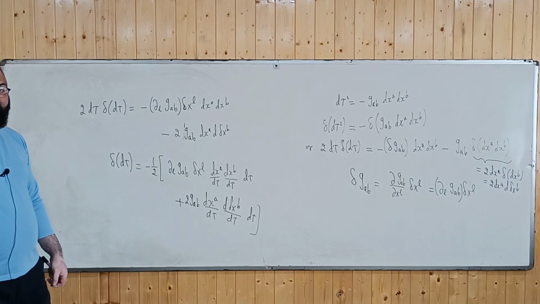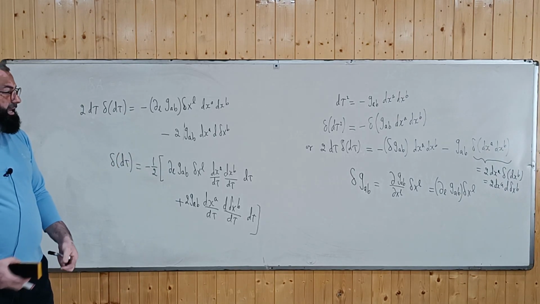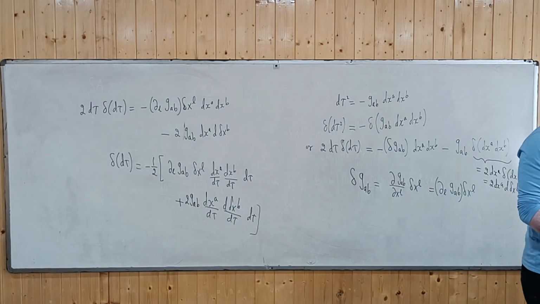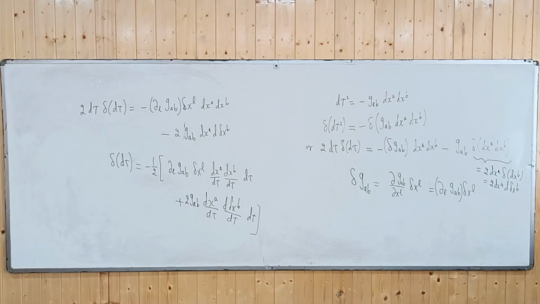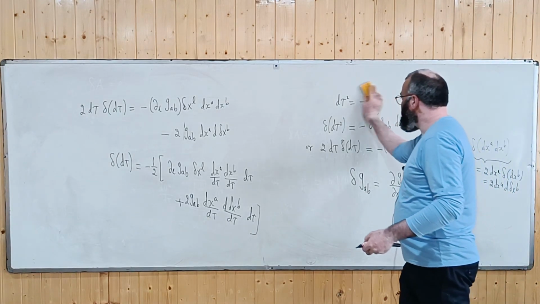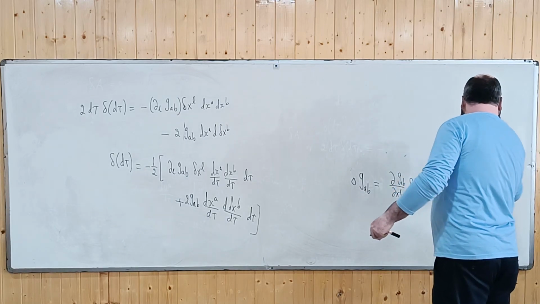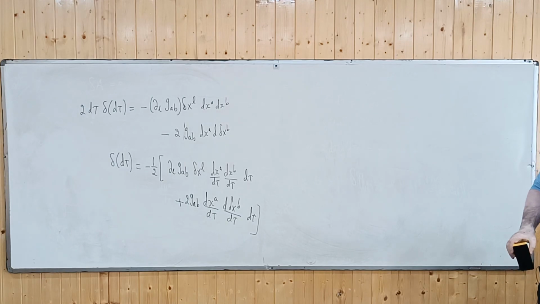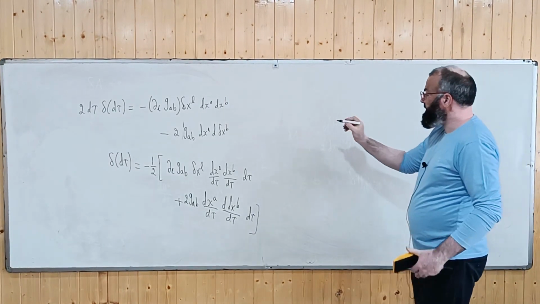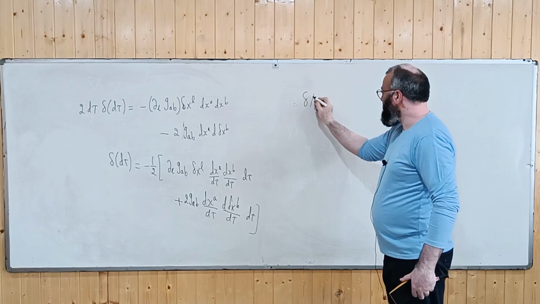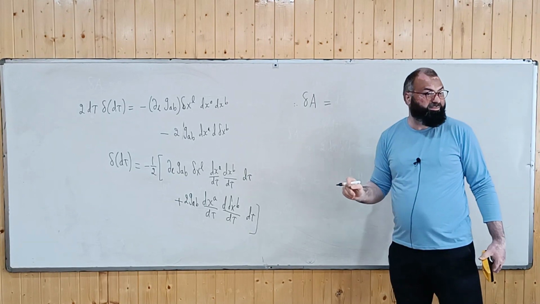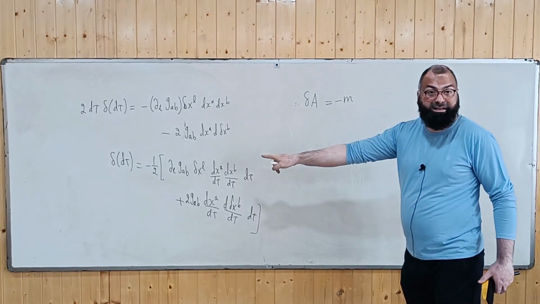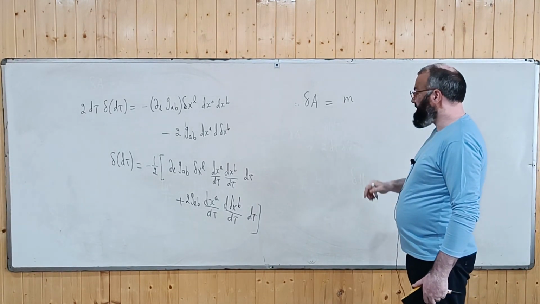Let's substitute it in the variation of the action. Everybody followed what I have done? So now the variation in action: you have minus m, and there is minus half, so this will make it plus.